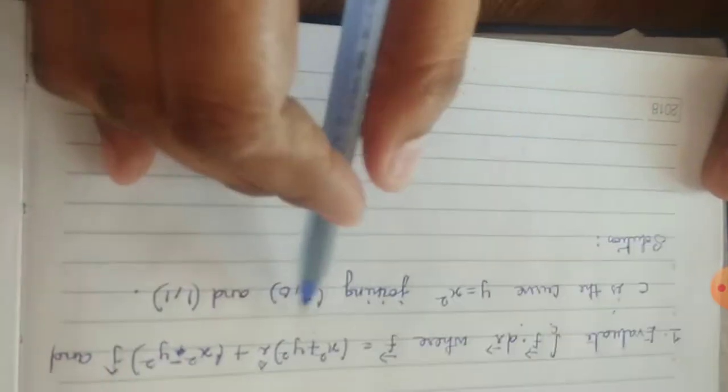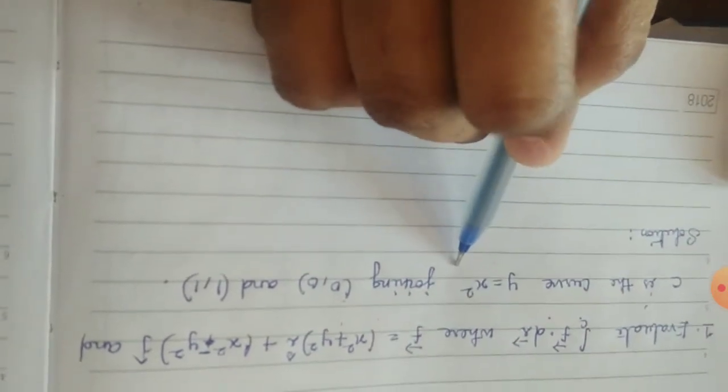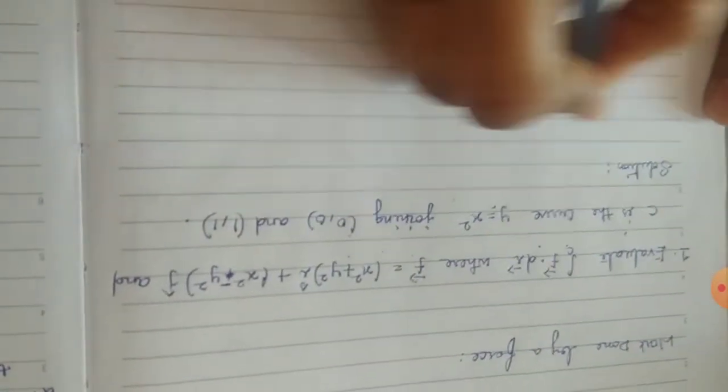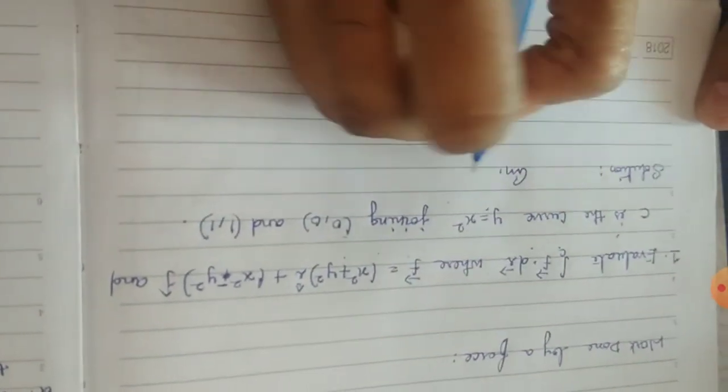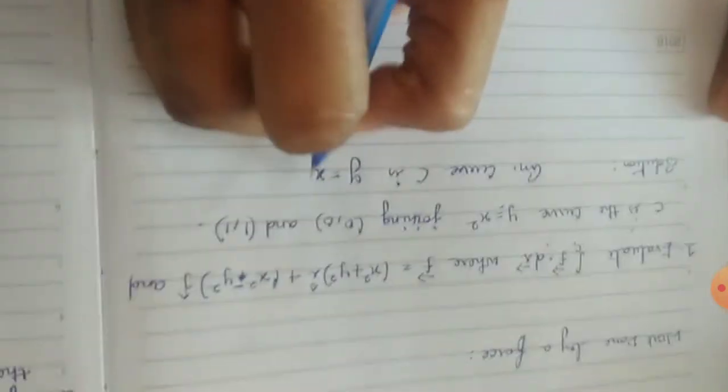So f vector is given and the curve is given as y equals x squared, the curve joining the points 0, 0 and a, b. So here we have to take the curve first. The given curve C is y equals x squared.